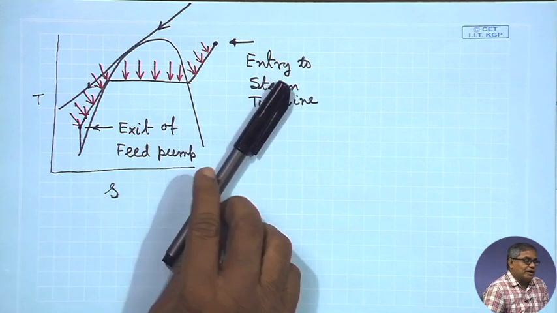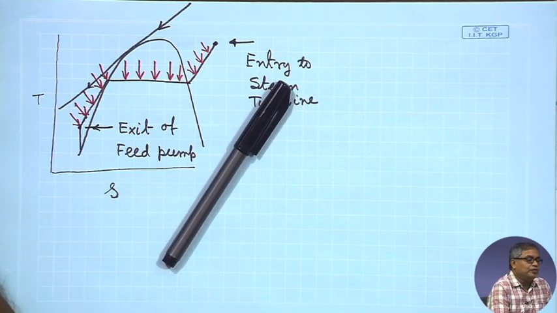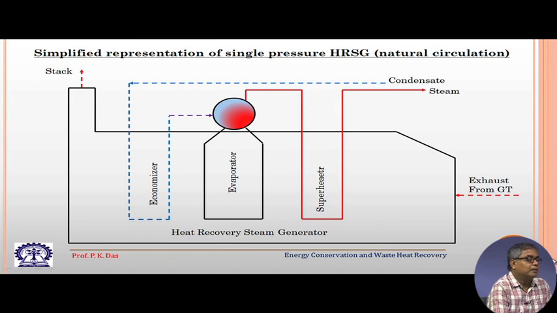So this is your superheater, which encounters the high temperature gas here, and then there is the evaporator with a steam drum, and for evaporation there will be a circuit.